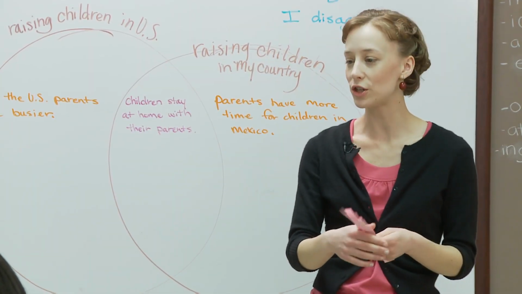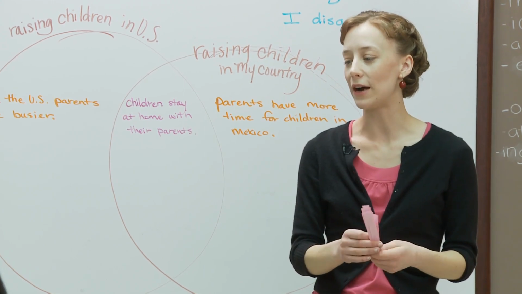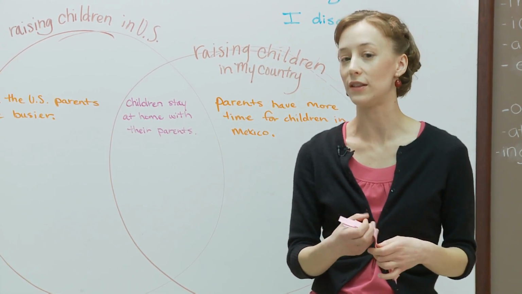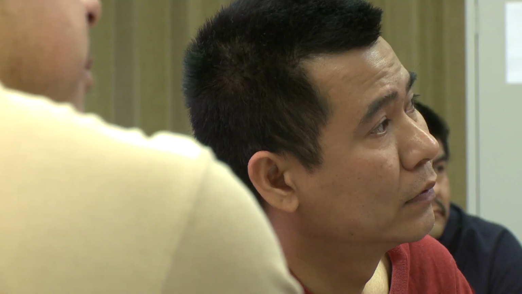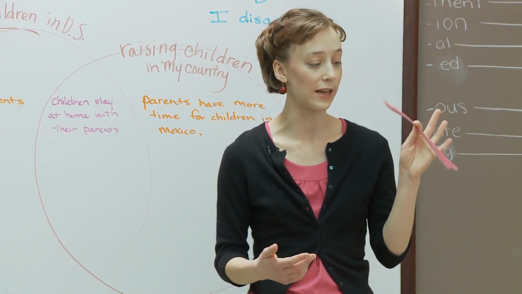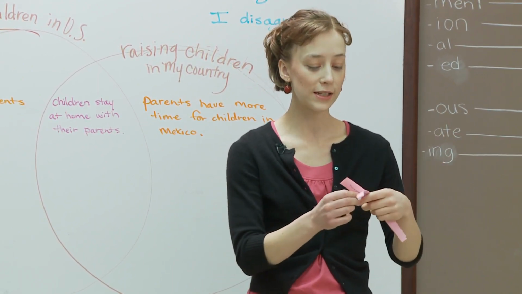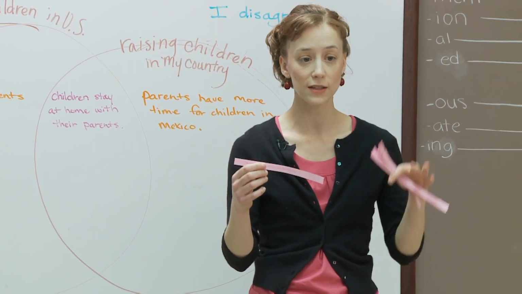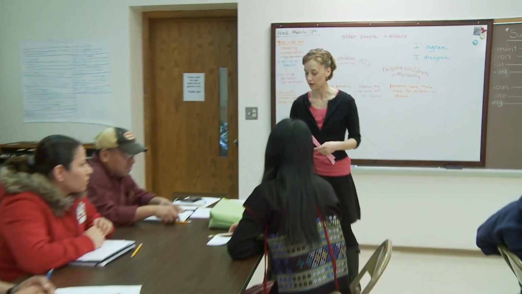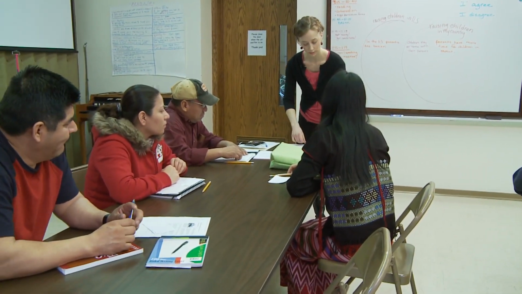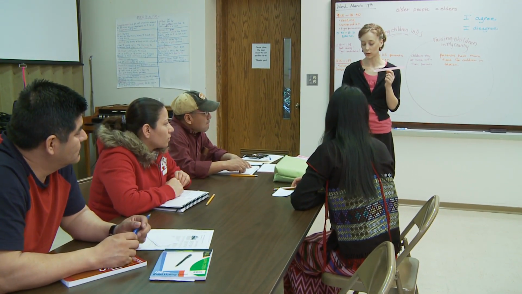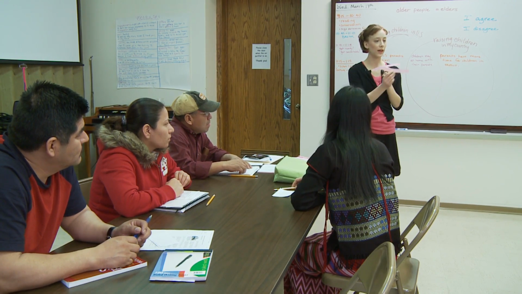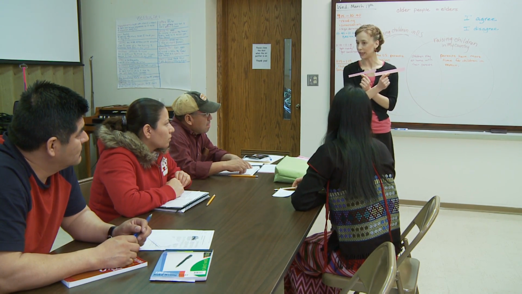Okay, the next thing I'm going to do is we're going to talk about different traditions in the U.S., things that people usually do, or things that you're expected to do. So I'm going to give each person a slip, and one slip is the first part of the sentence, and the other slip is the second part of the sentence. For example, when a child graduates from high school, they often receive gifts of money.